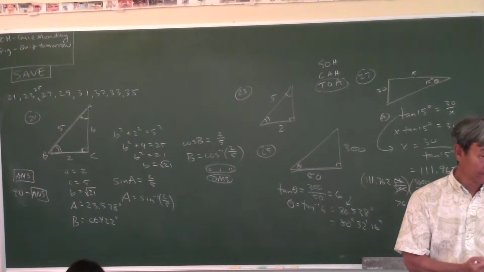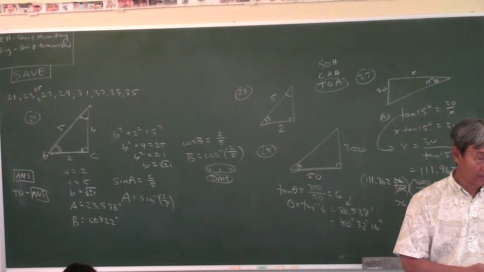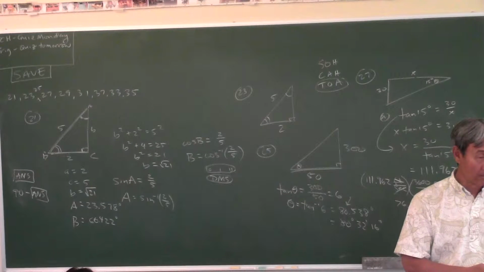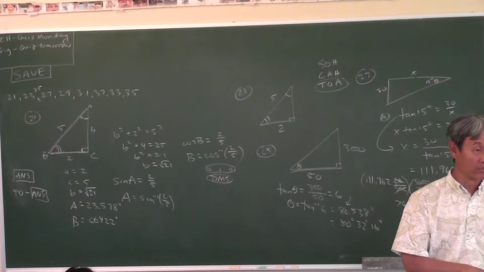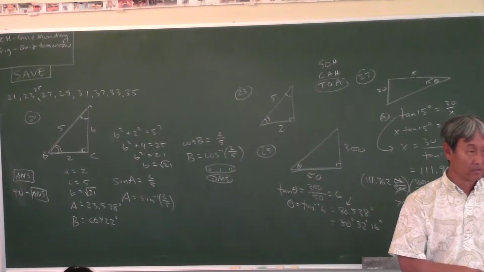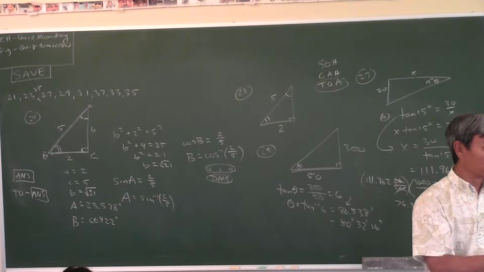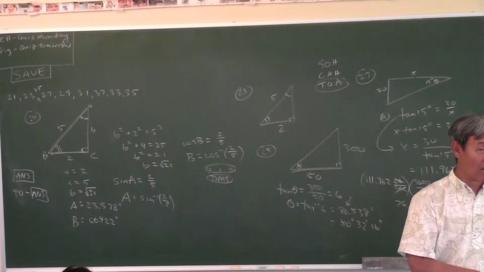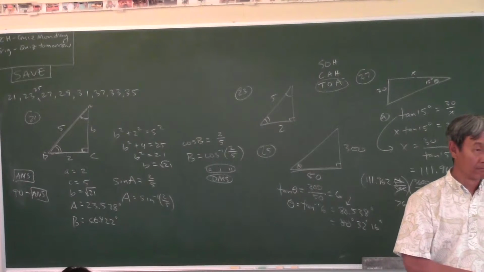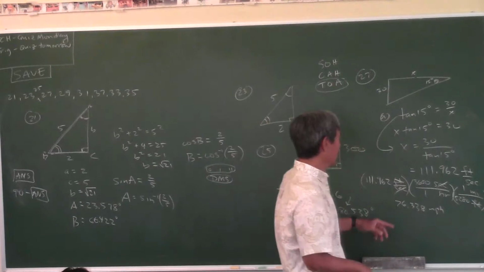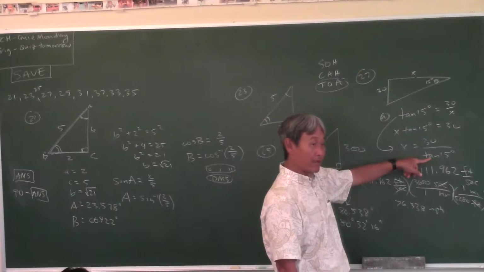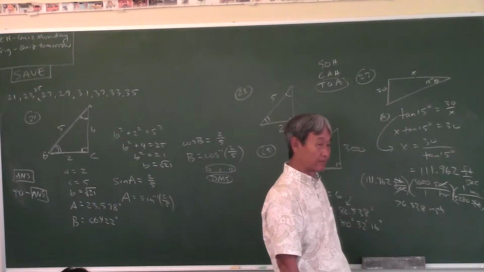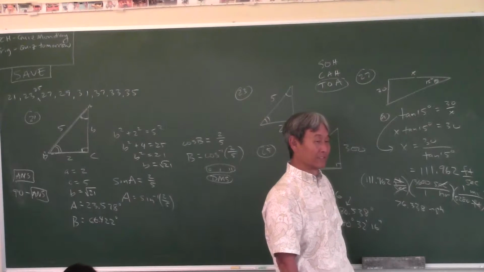When I type in tangent 15 degrees on my calculator, it gives 2 minus root 3. Yeah, that's the exact value. So how do I get the decimal? What about 30 divided by that? It says it's 60 plus 30 root 3.